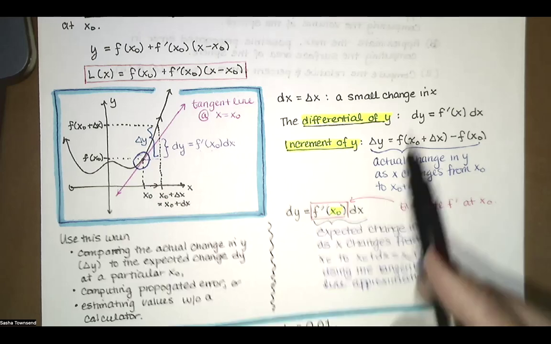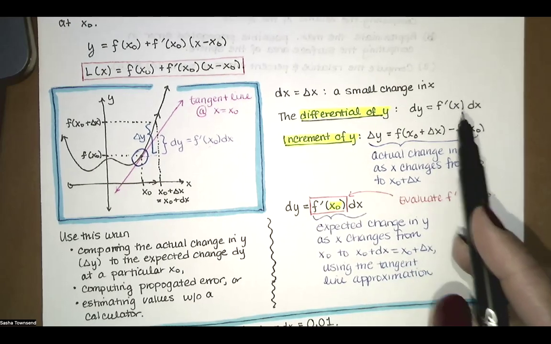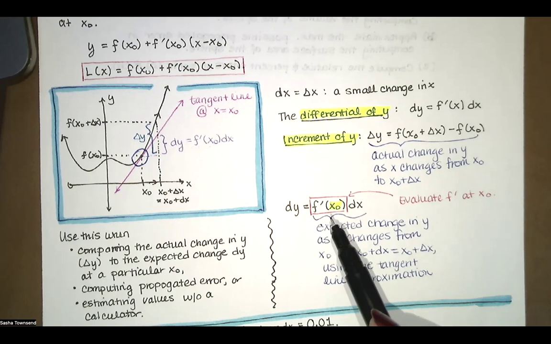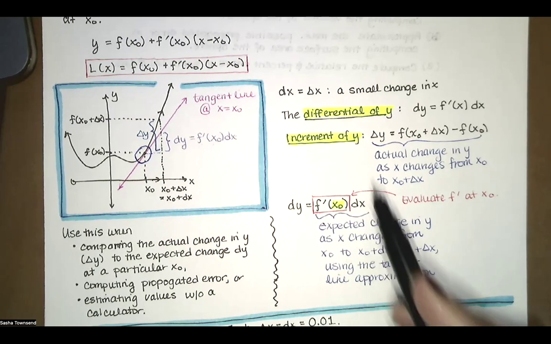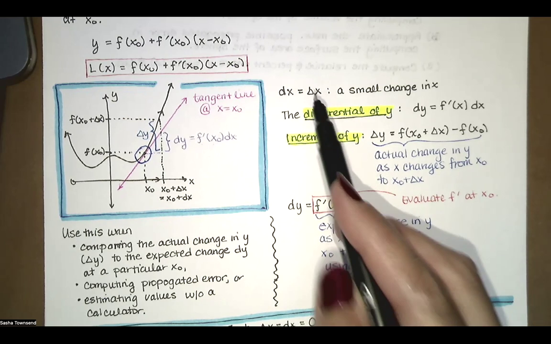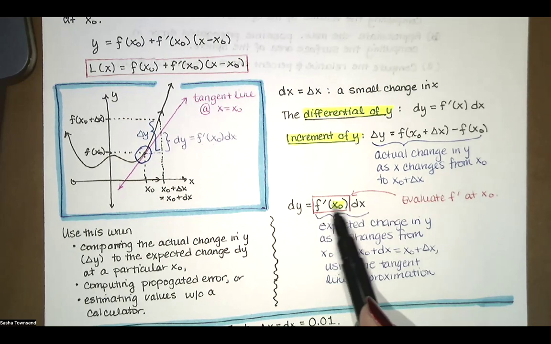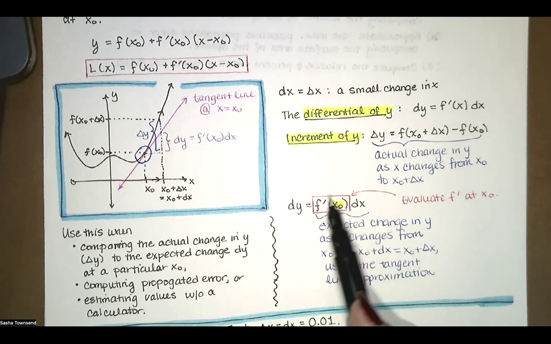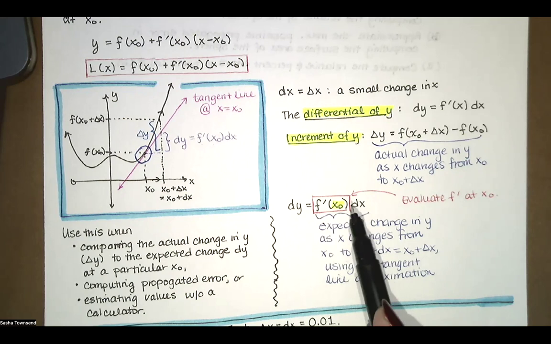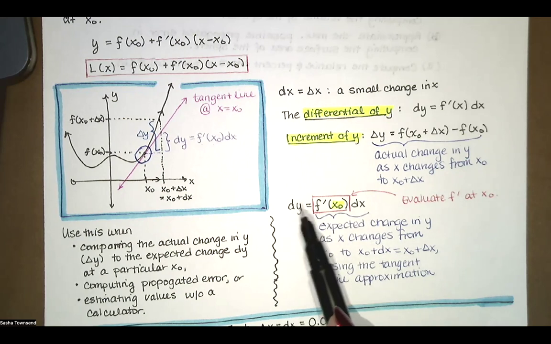Now, if I take my differential and evaluate this derivative at x equals x naught, and substitute a particular value for dx, a small change in x, and multiply those together, this gives us a dy that can be interpreted geometrically.